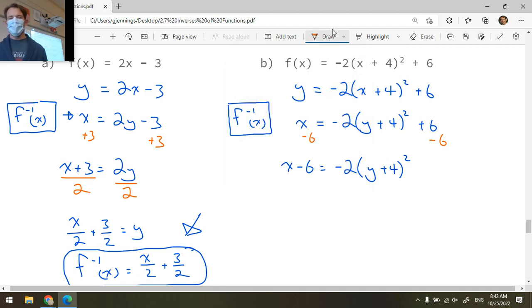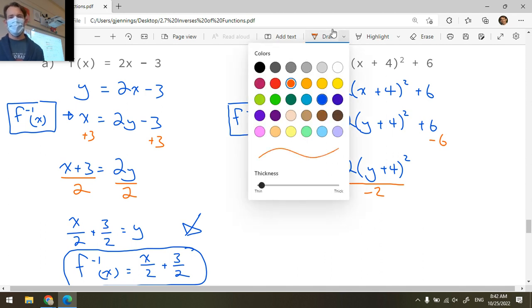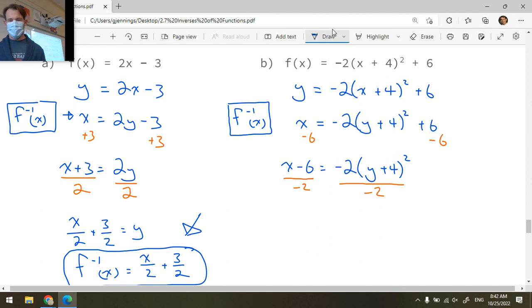First I dealt with the loose subtraction. Now I deal with the multiplication. Notice I'm working in backwards BEDMAS order to turn this around. Backwards BEDMAS order. So now I have negative x over 2 plus 3 equals (y plus 4) squared.